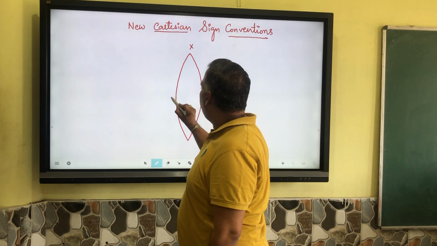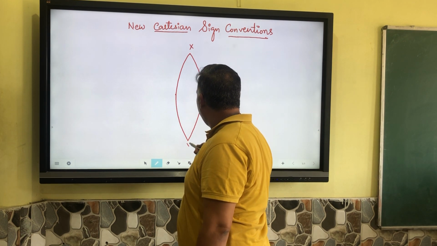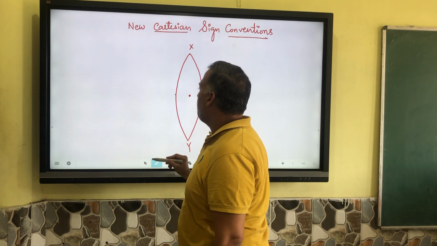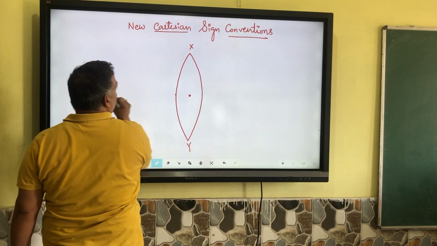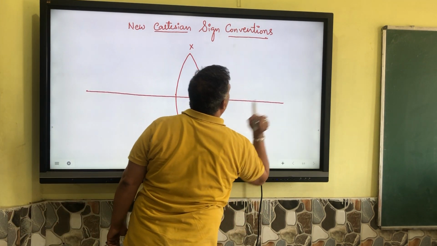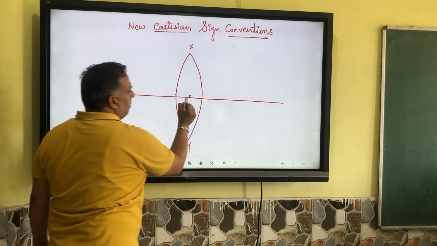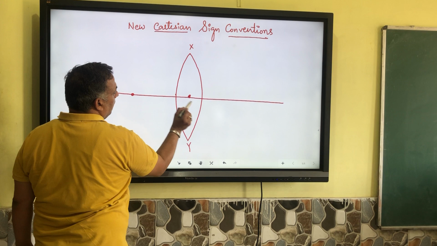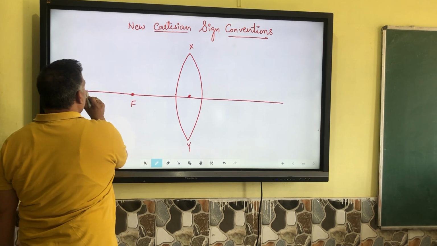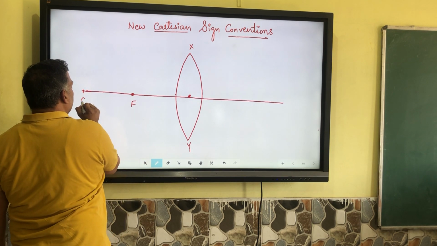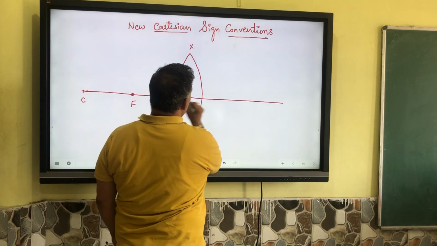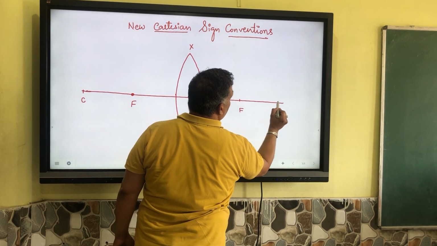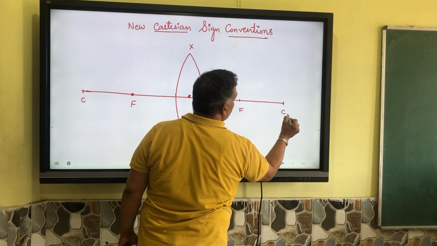This is X P1 Y, P2 Y, and this portion is P. And this is the principal axis passing through the lens, and this is the focus, and this is a center. Similarly, this part has one focus on this side, and this is the center C2.